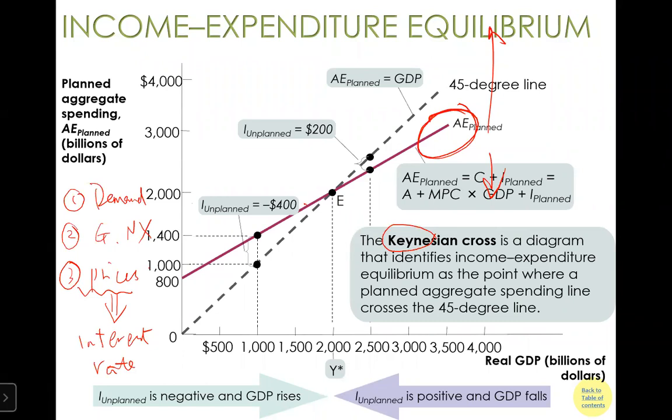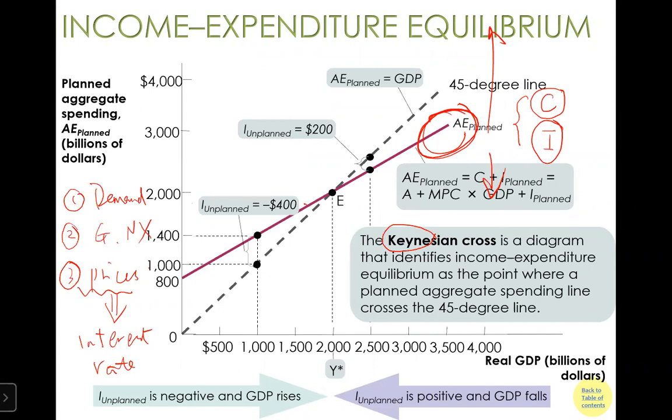But keep in mind there are two items inside this aggregate expenditure. One is consumption, or consumer spending. The other is investment. So the factor that causes this line to move must come from a force that causes either the consumer to adjust their spending or the business to adjust their investment. All right, so that's what we are going to do.